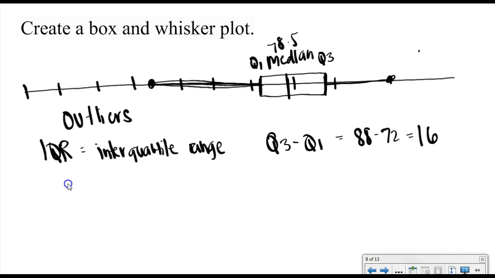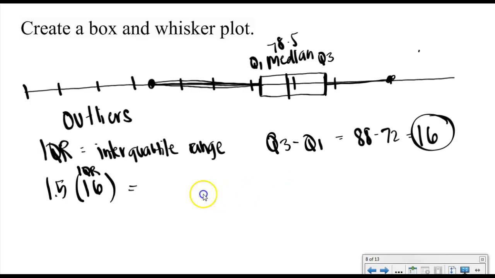Then, what I do is I take this 16 and I multiply it by 1.5. So 1.5 times 16, which is my IQR, equals, calculator, I get 24.